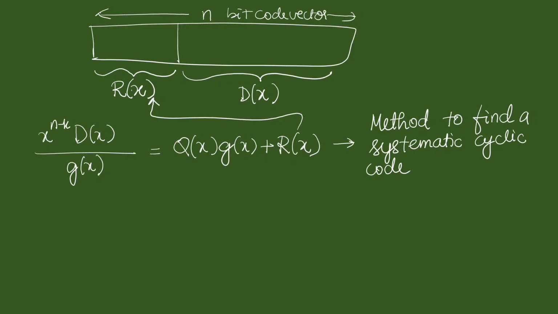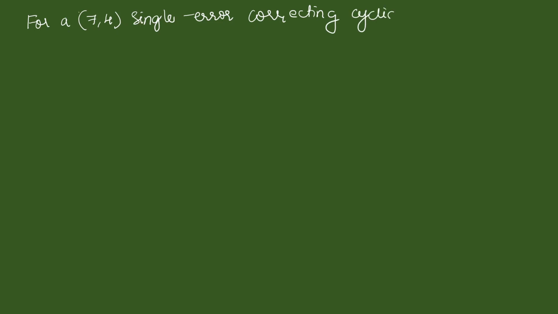The example is, for a 7 comma 4 single error correcting cyclic code, d of x is given, which is d naught plus d1 into x plus d2 into x square plus d3 into x to the power 3. That means this is a 4-bit message, that means a k degree message.